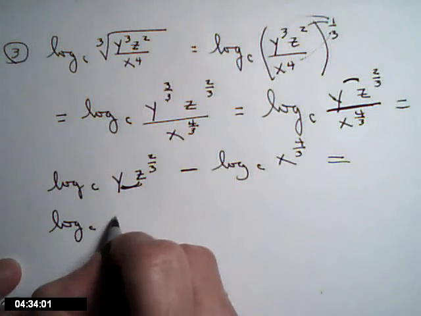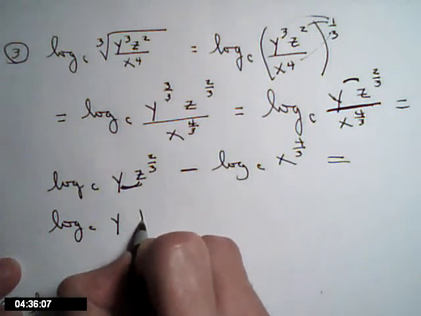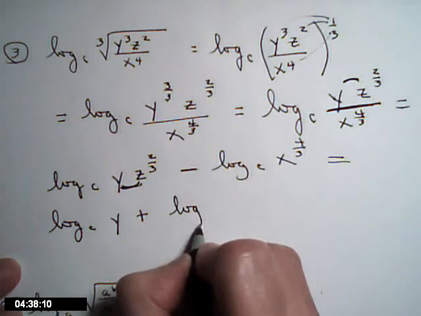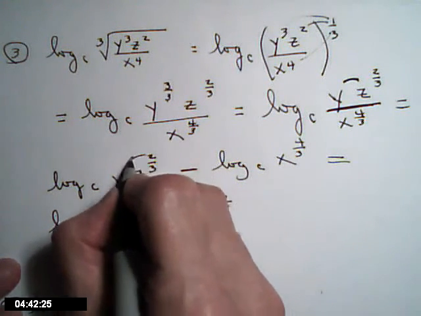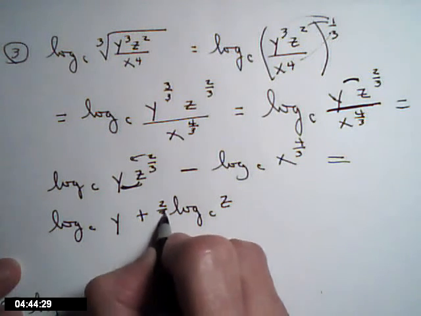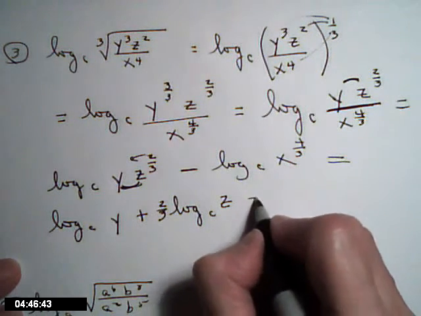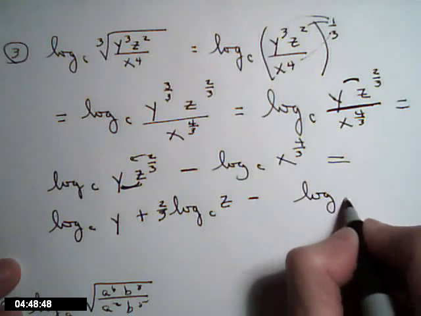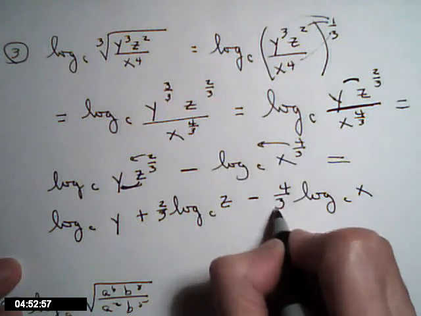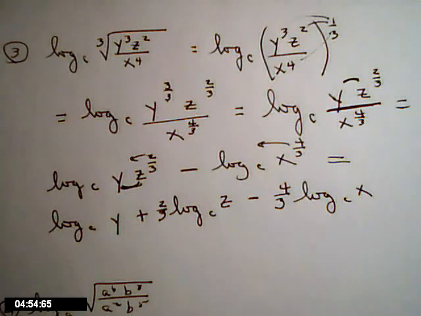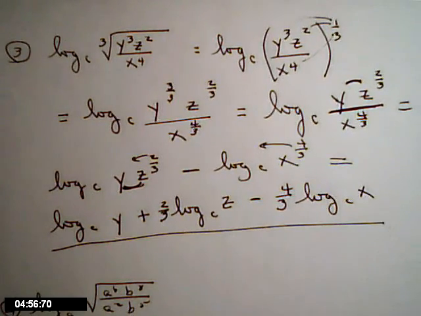That would be log base c of y plus log base c of z, and at the same time, if you want to bring that 2/3 over, it would go in front as a coefficient, minus log base c of x, and again bring that over as a coefficient, multiplied by 4/3. And there'll be our answer.